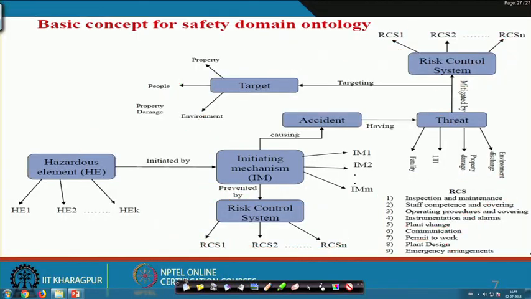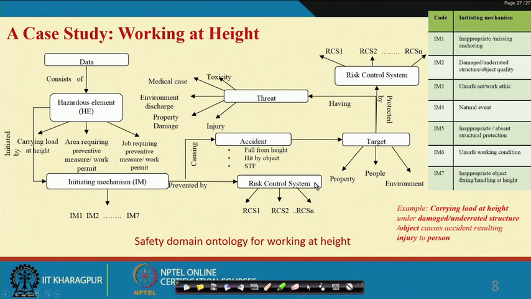Okay. Now, with an example you will understand. So, let us see one example. We have taken the case of working at height.